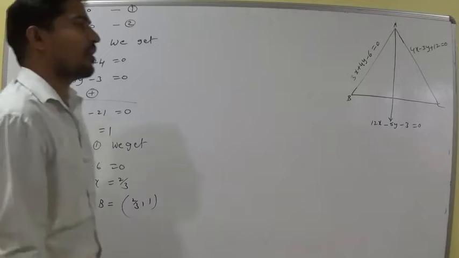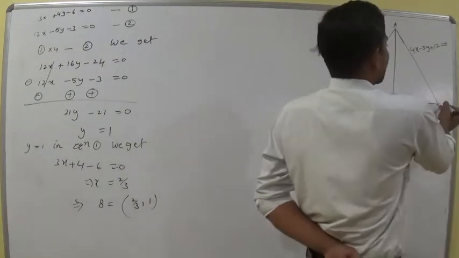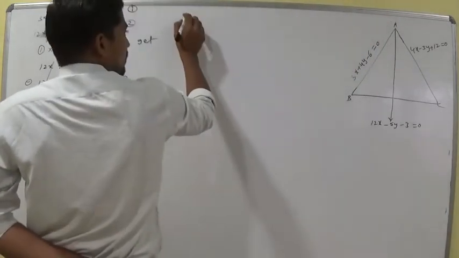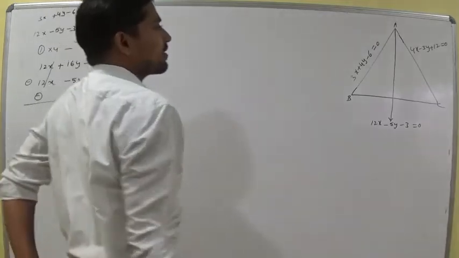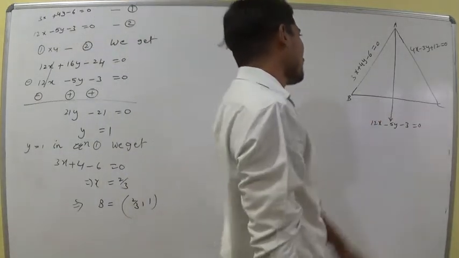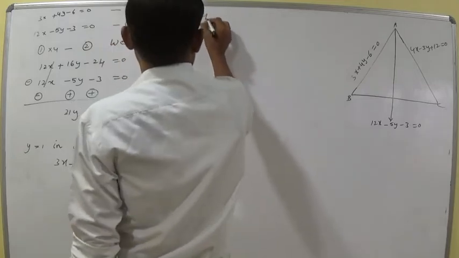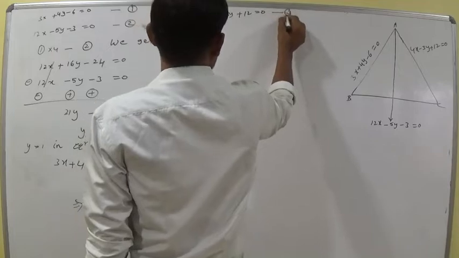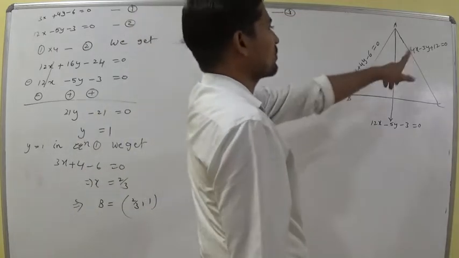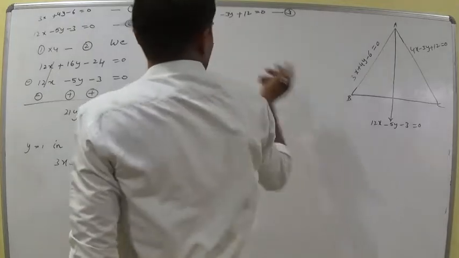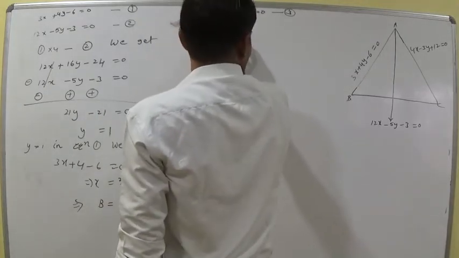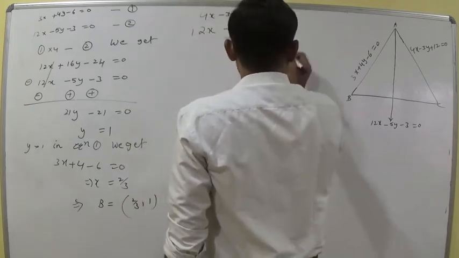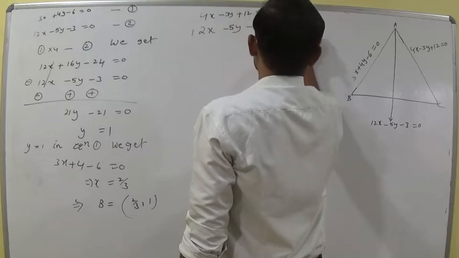Let us find the coordinates of C. I have to find the intersecting point of this one and this one. So 4x - 3y + 12 = 0 is equation number 3, and 12x - 5y - 3 = 0 is equation number 2.